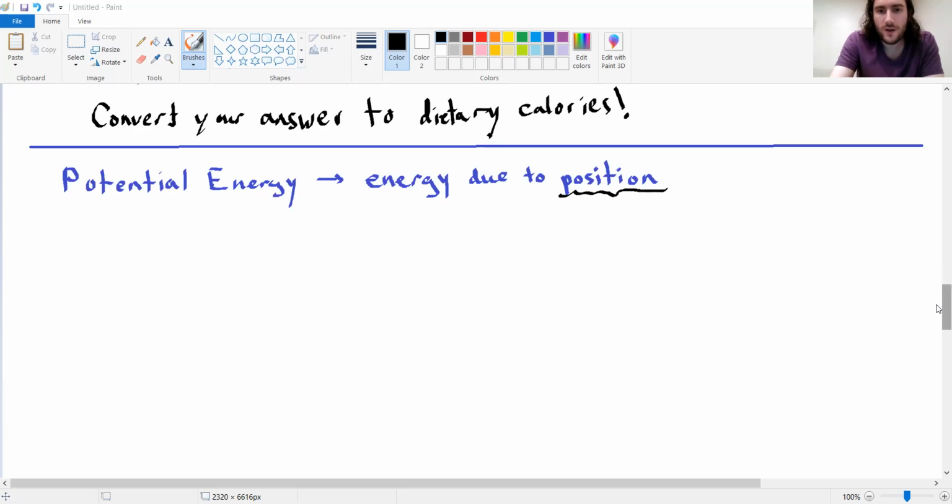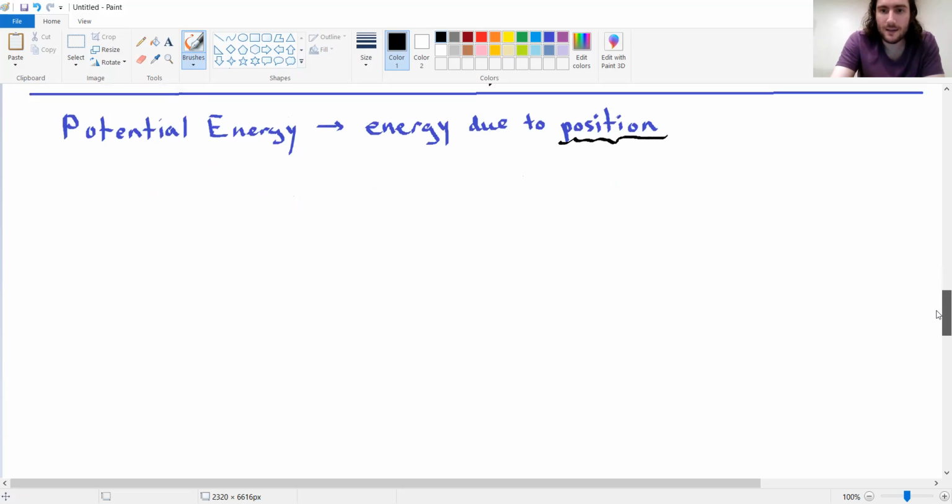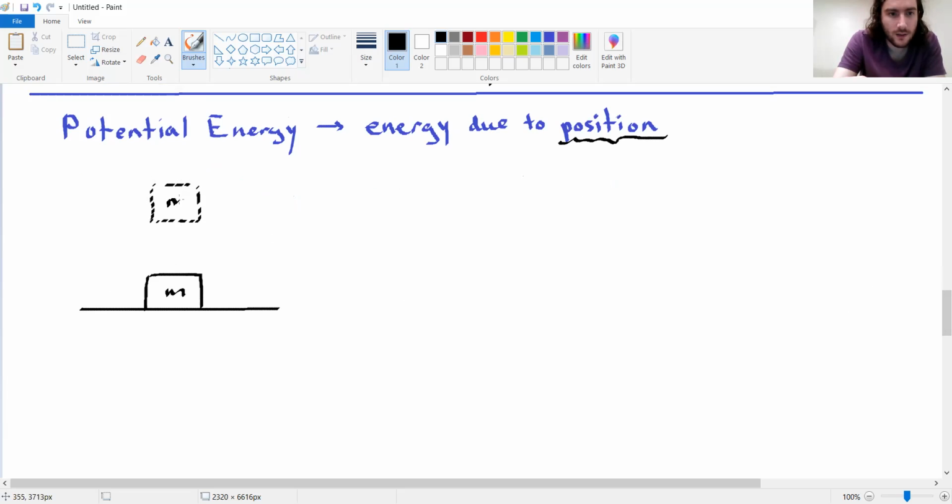But first, before we do that, let's take a look at a simple scenario where we have some crate or block with mass m. And we're actually going to lift this block into the air against the force of gravity.